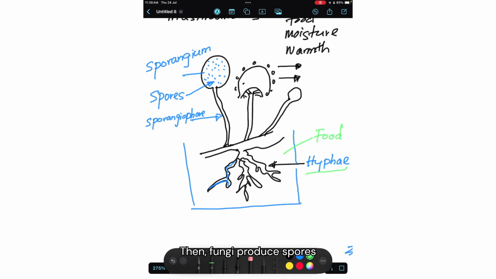Then fungi produce spores, which grow in a spore head we call a sporangium.